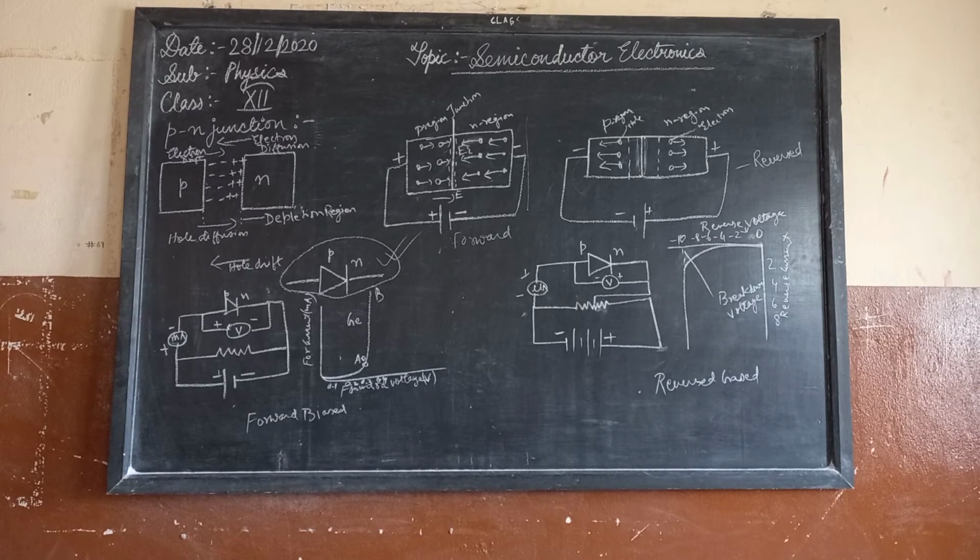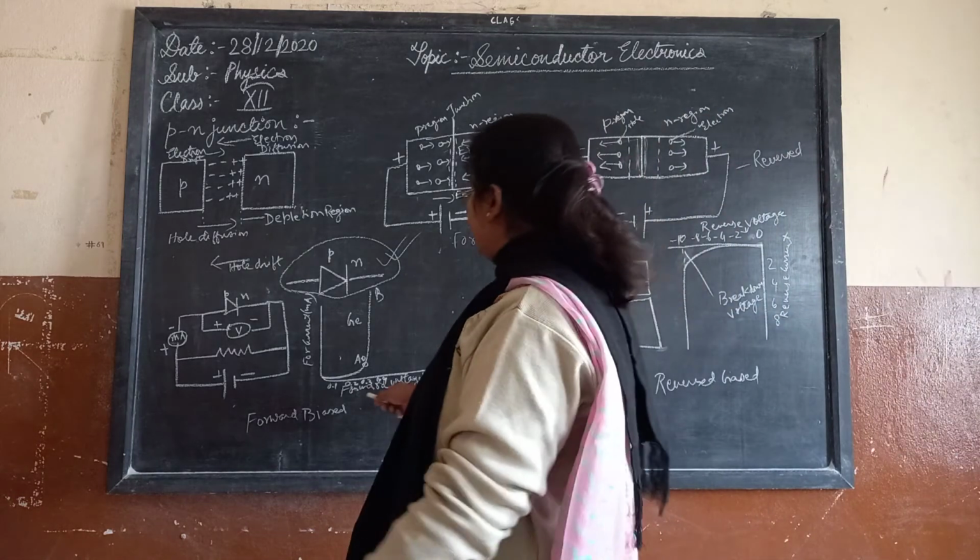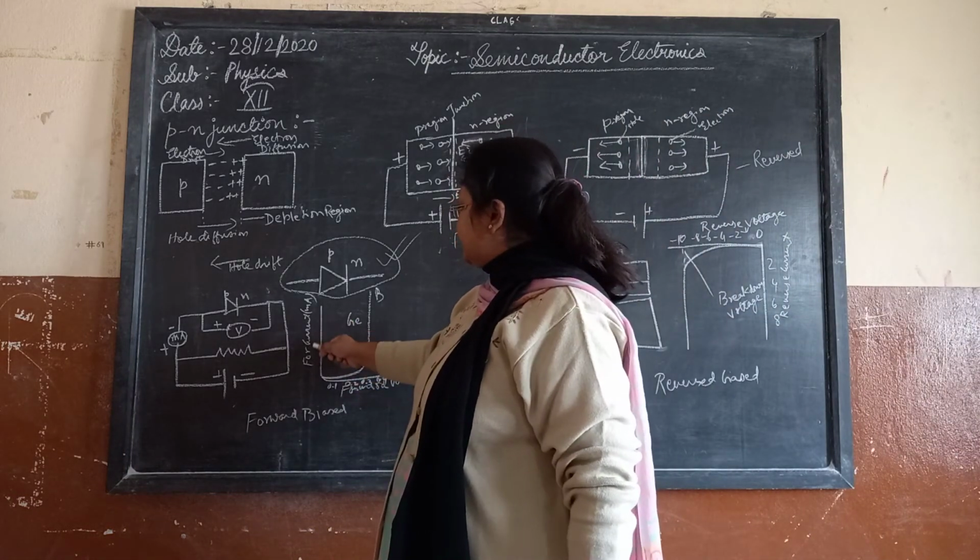Now I will explain the voltage-current characteristics of the PN junction diode. In this IV characteristics, I will explain once. First, this is the forward voltage and this is the forward current itself.